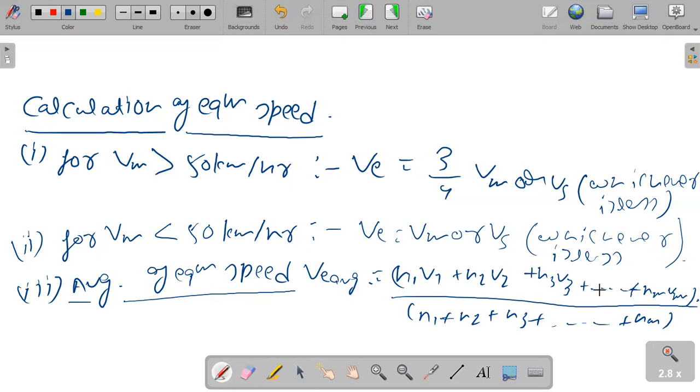This is average equilibrium speed, where N is number of trains moving on same track.